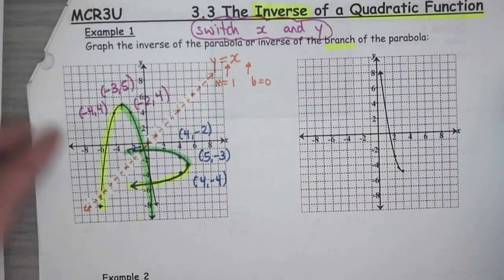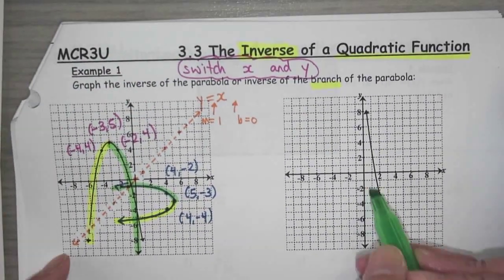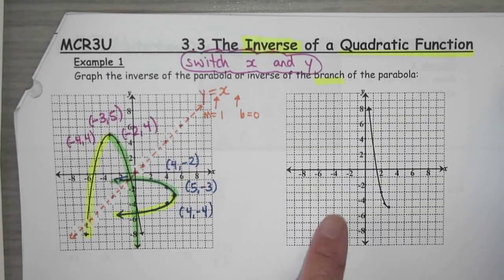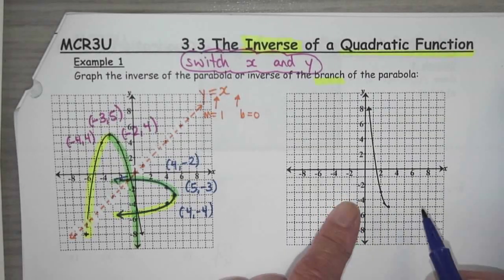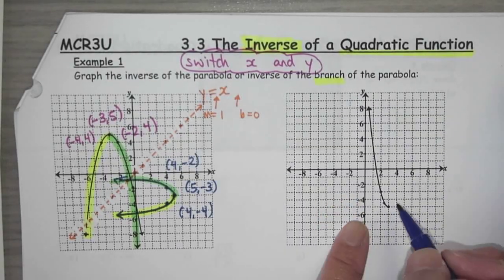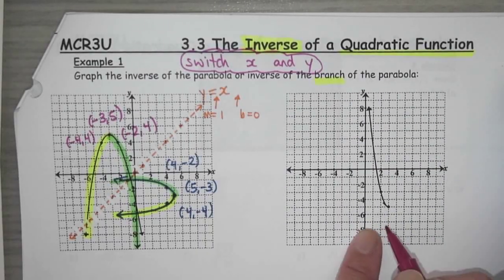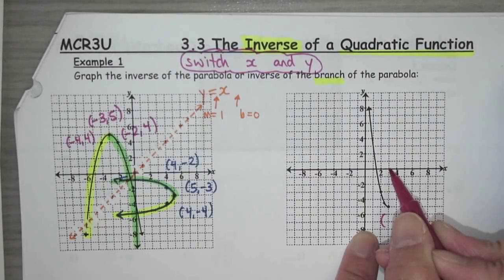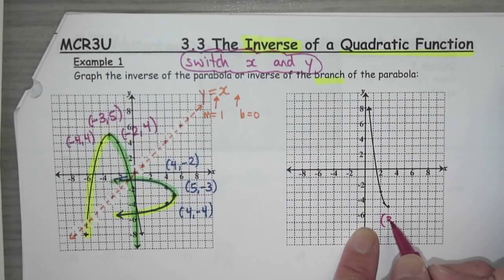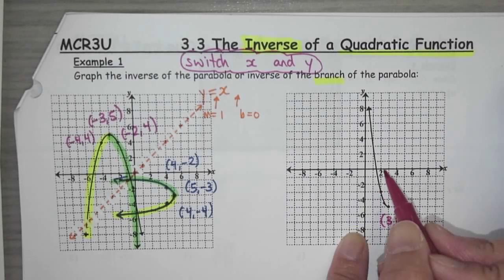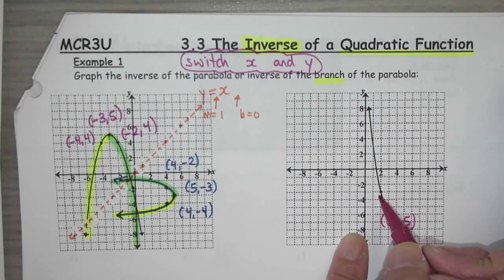Okay, next one. So if I took the left side, the left branch, right, let's imagine it again. Let's draw the inverse, and you'll see it's the under part. So again, just to prove it to you. So take this value. What's this value here? This will be 3, x value first, 3, negative 5. And this one here is 2, negative 3.